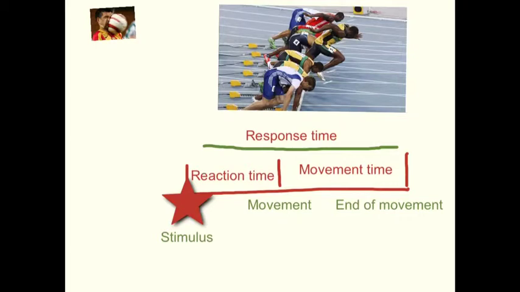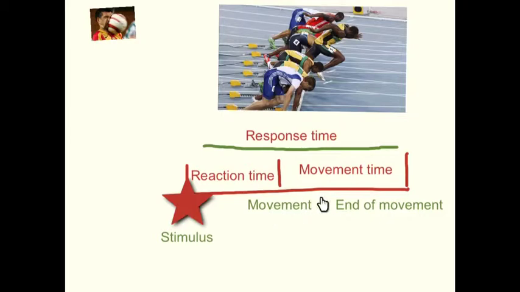Now we have the reaction time, the time taken from the brain to process the information and make its decision, to the movement. Now the movement is the start of the contraction of the muscles, where you start to contract your quadriceps and gastrocnemius to try and push off the blocks. So that will be the start of the movement.